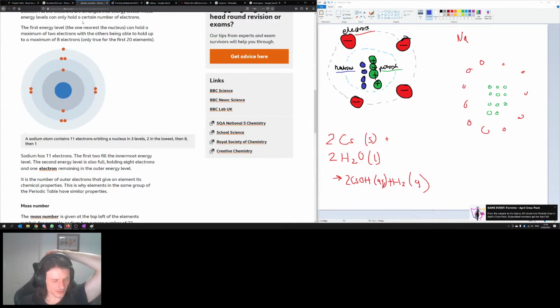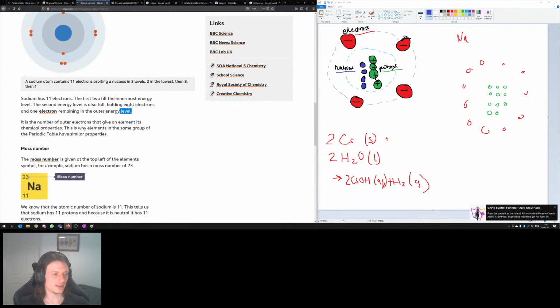So sodium has 11 electrons. The first 2 fill the innermost energy level. The second energy level is also full, holding 8 electrons, and 1 electron remains in the outer energy level. It is the number of outer electrons that give an element its chemical properties. This is why elements in the same group of the periodic table have similar properties.